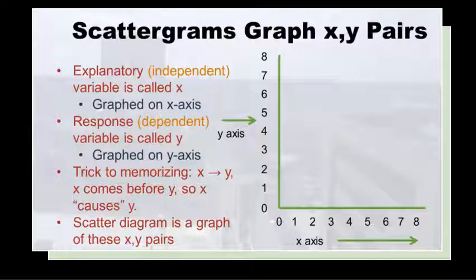X is independent, X stands alone, X is its own person, right? But it causes Y to happen. Since X comes first, it causes Y, and that makes Y the dependent variable. It's dependent on X. That's just a way to think about it, if you need that explanation. There it is.